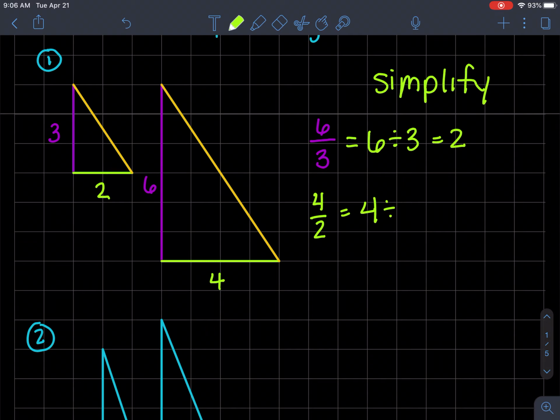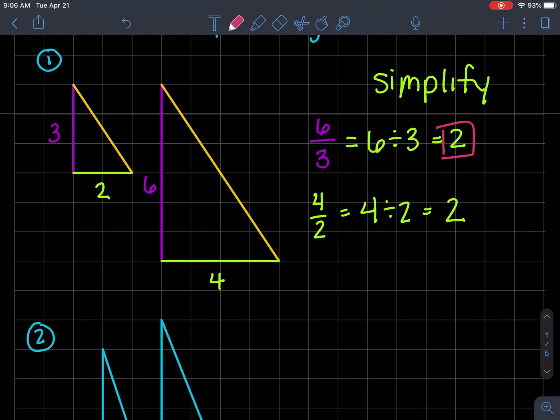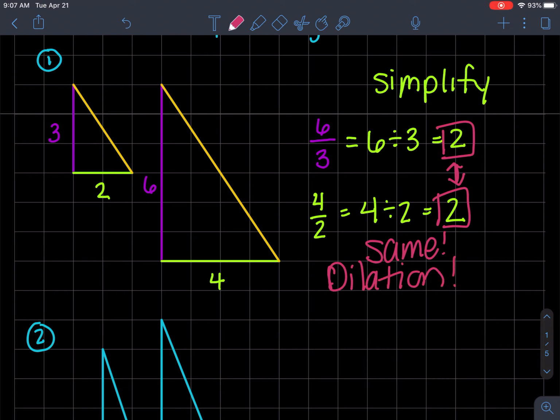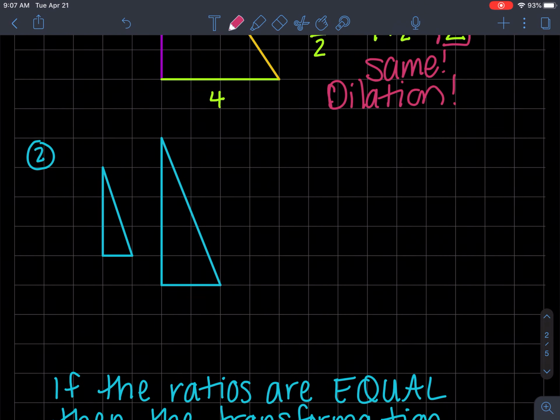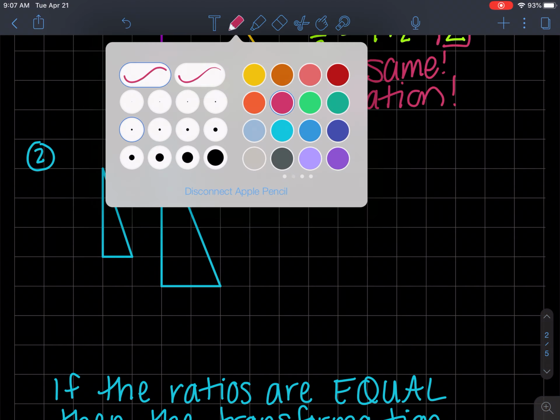Those just happen to be the examples that I picked. These are the same. It's a dilation. Alrighty, so now let's do another one. Are they always going to be a dilation? No. That's why you're learning how to check.